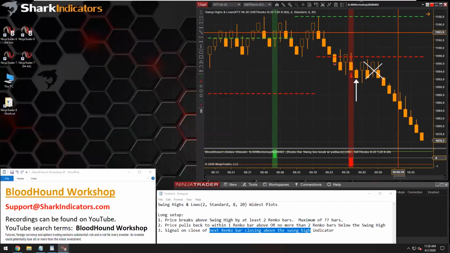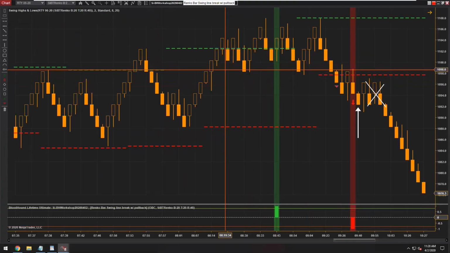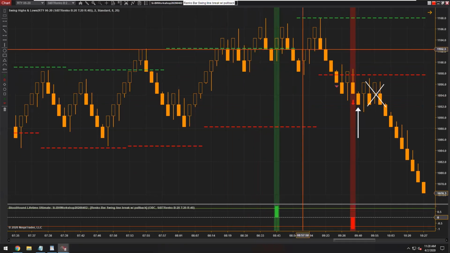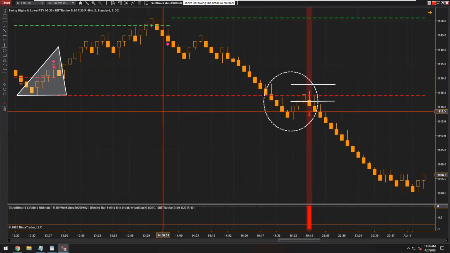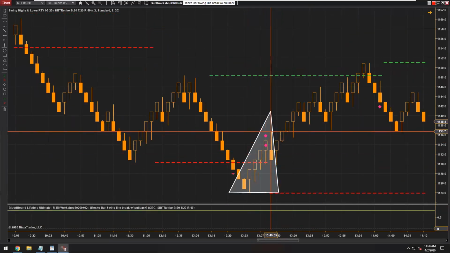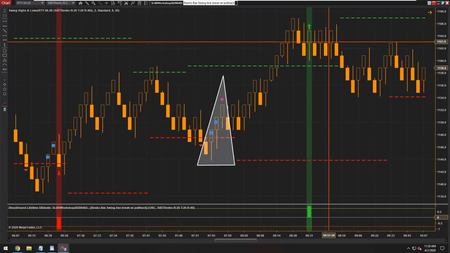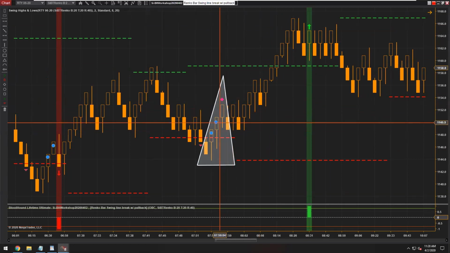All right, so let's continue looking back through the chart here and making sure everything looks good. All right, there's our signal there. And good, no signal where the triangles are at. There we go, a signal on our arrow. No signals with the triangles.